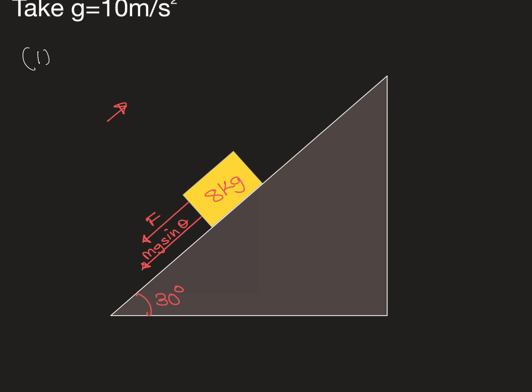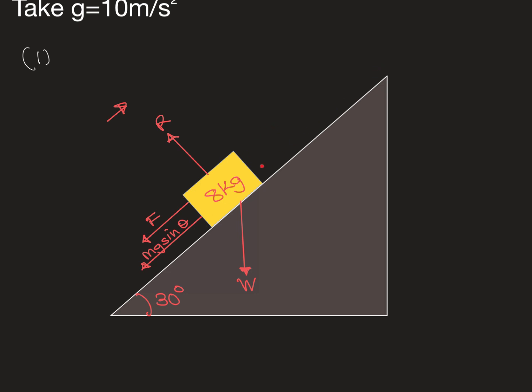To complete the diagram with the other forces involved, we have the normal reaction R, and the weight W coming vertically downwards.